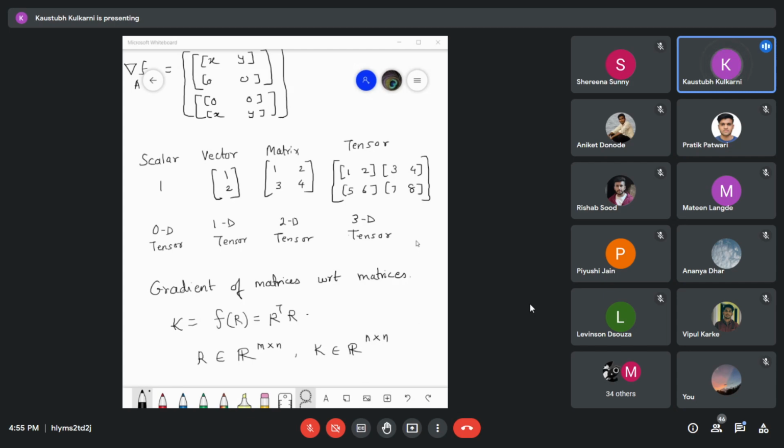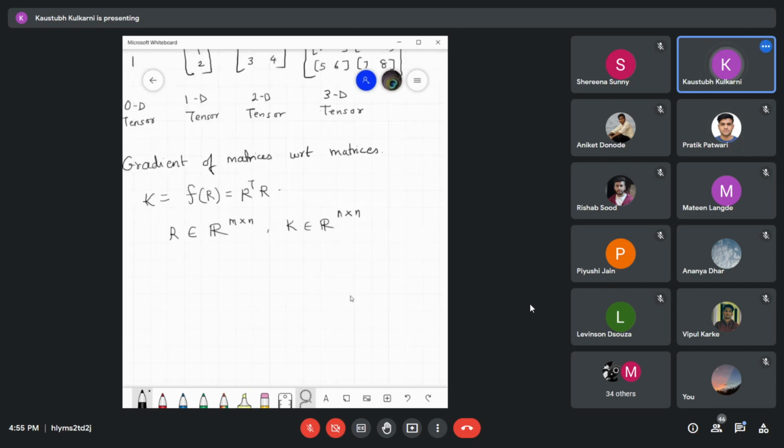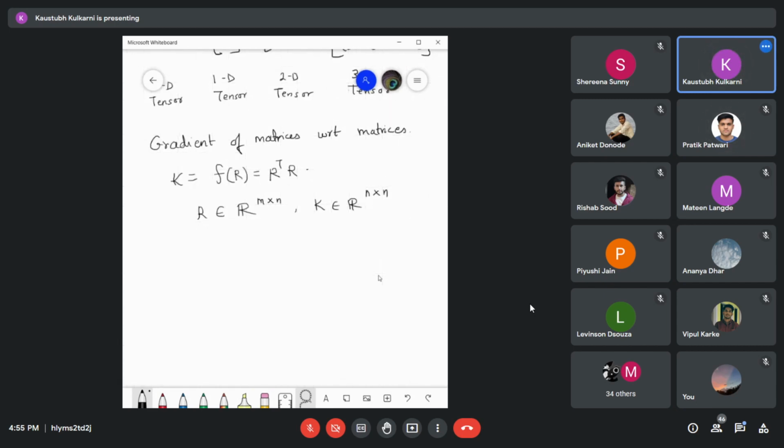Now let's try to calculate the gradient of K with respect to R. The gradient will definitely be a tensor.